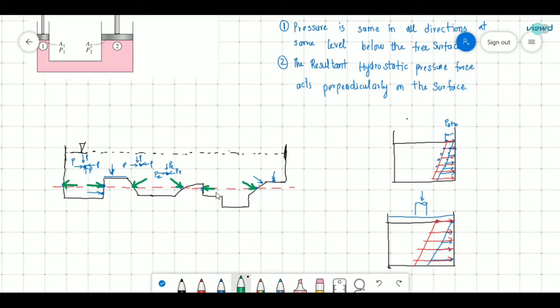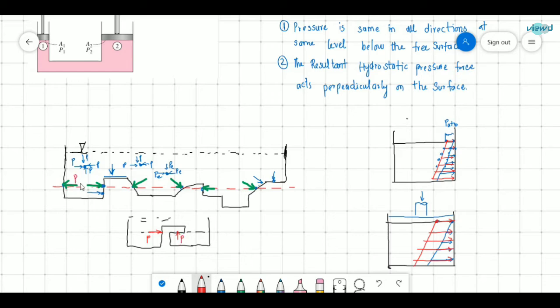And if there was a surface like this, and this is the level we have considered, and if the pressure acting here is P, here also, and at the same level, perpendicular to the surface, here also P will be acting.